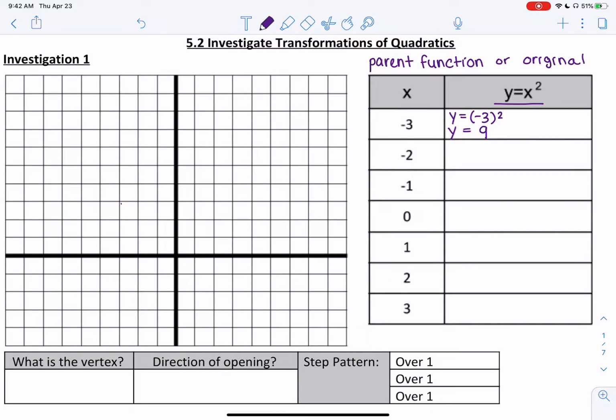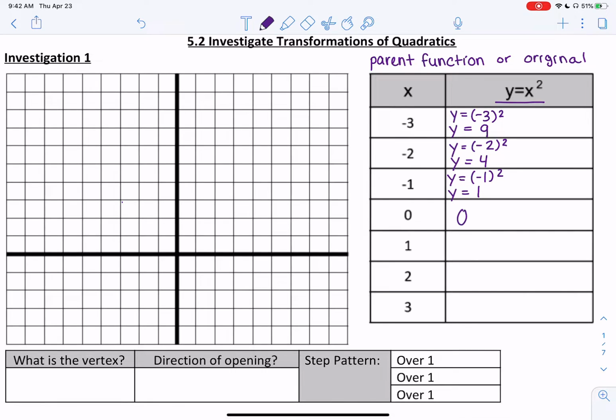For the next row, instead of writing an x, I'm going to write a -2, and that will give me y equals 4. And you're just going to continue putting in all of your x values until we have filled out all of the y values. I'm going to skip ahead and write out the other ones, but if you want to pause the video and go through them step by step, that's totally okay.